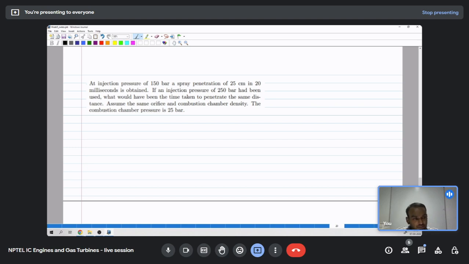This can be solved by using the simple orifice equation, where V is equal to under root 2 delta P by rho.